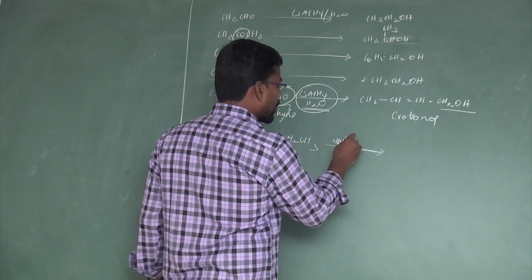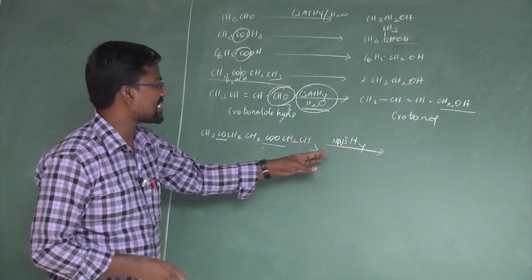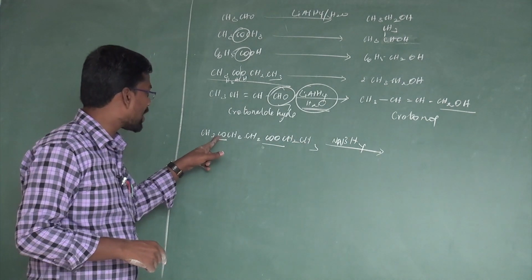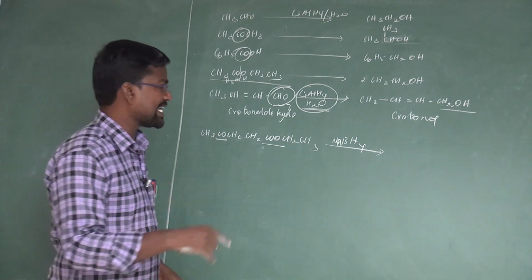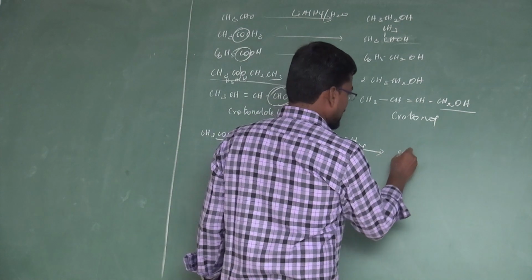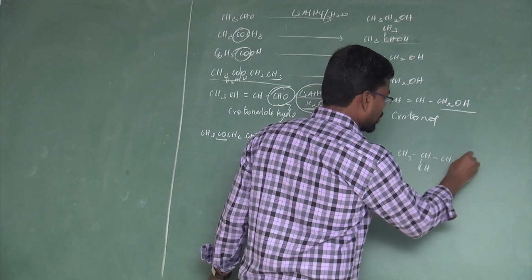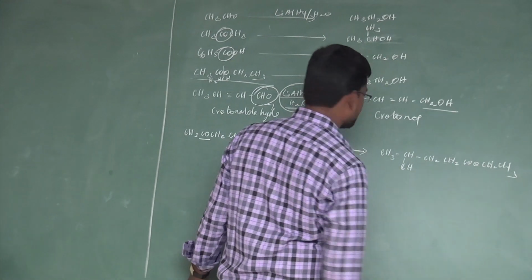Sodium borohydride is a less vigorous reagent. It is used to reduce the more active C double bond O group only. The C double bond O group can be converted into CHOH. So CH3CHOH, then CH2CH2COOCH2CH3.